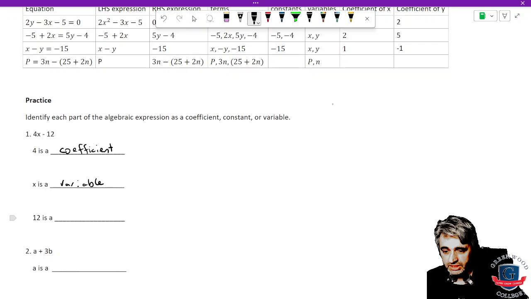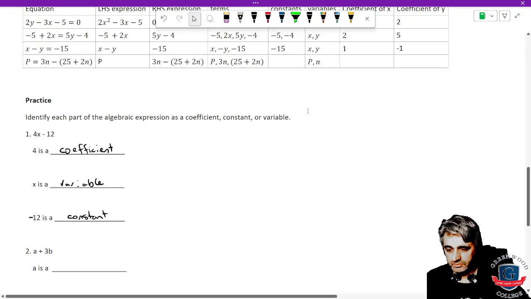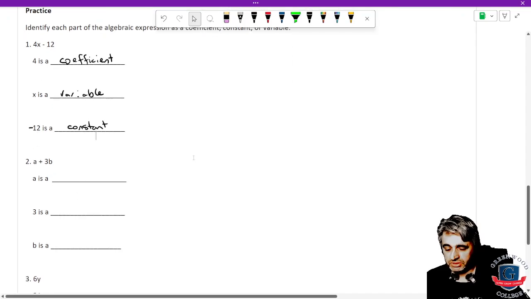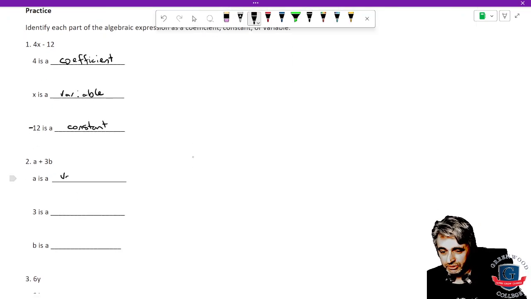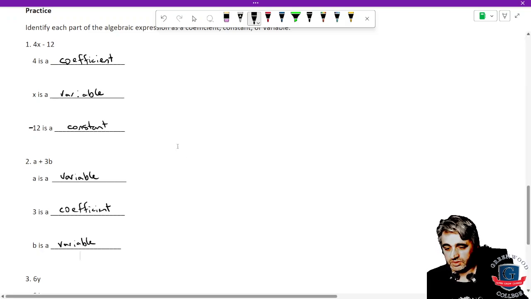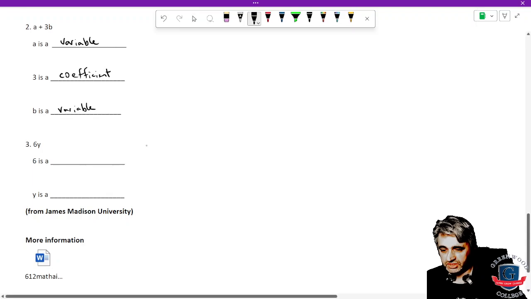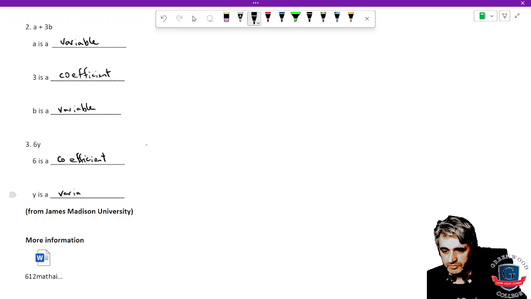And 12, or -12, is a constant. a plus 3b: a is a variable, 3 is a coefficient, and b is a variable. 6y: 6 is a coefficient and y is a variable.